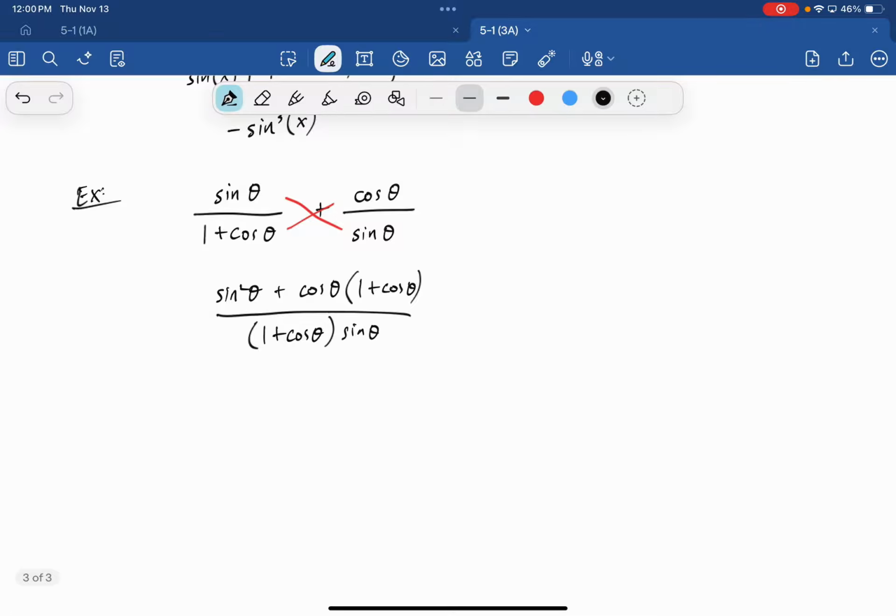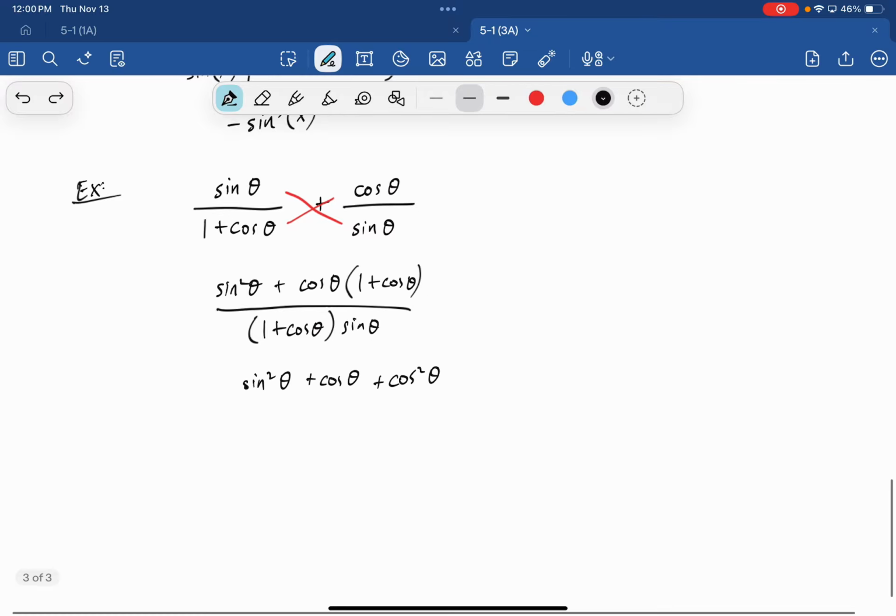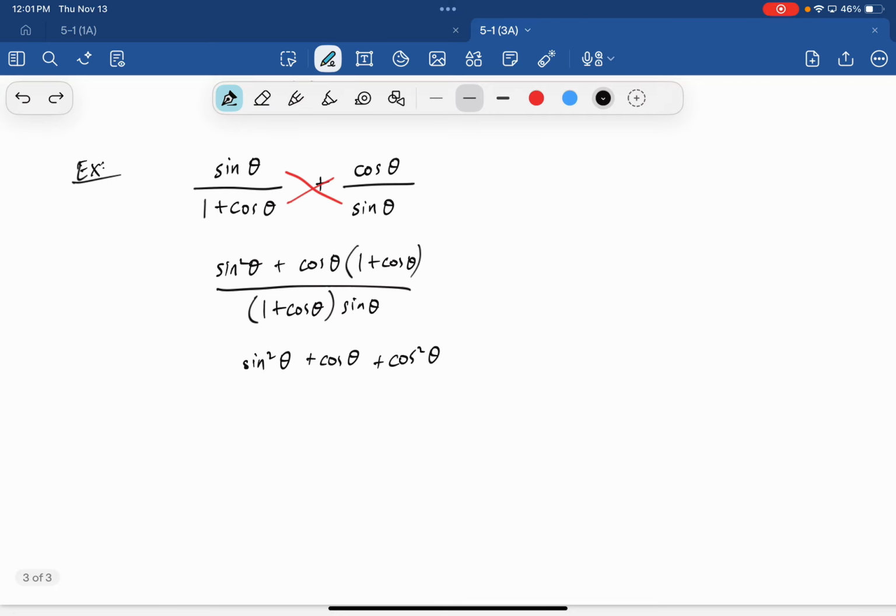And then the top, we can now expand. But the bottom, I'm going to leave the same. So the top, I can expand as sine squared plus cosine theta plus cosine squared theta. Right? I just expand this term here. Cosine theta times 1 is cosine theta, and cosine theta times cosine theta is cosine squared. So that's what I'm left with. And then the denominator, I'm going to keep the same.